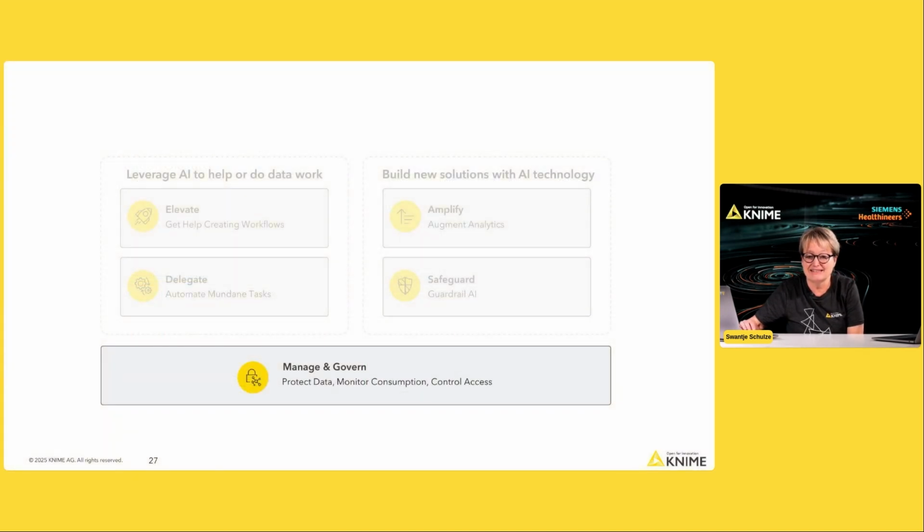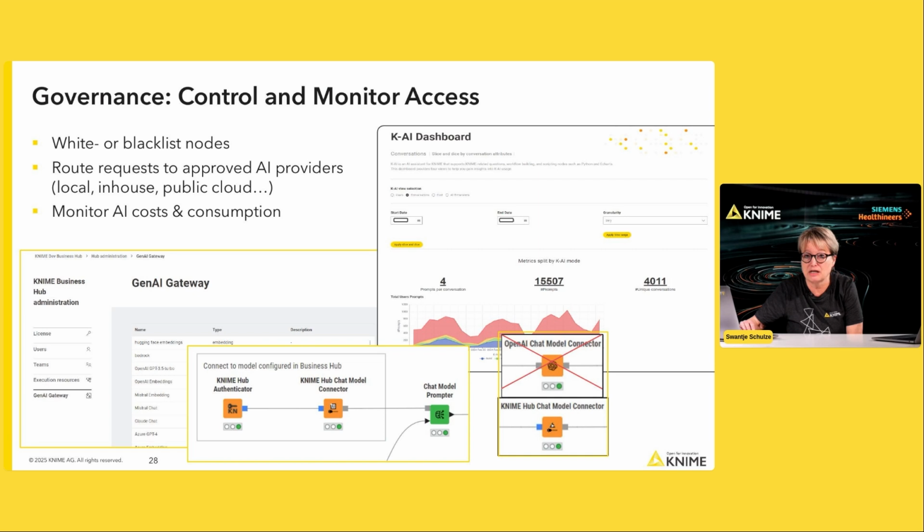And something that our customers find super important is manage and govern. On the one hand, you want to control which large language models your users are using. Some are forbidden in-house, and you can do that with Knime. The other thing is you can also do some cost control and see how much you have used of a certain model that is paid.